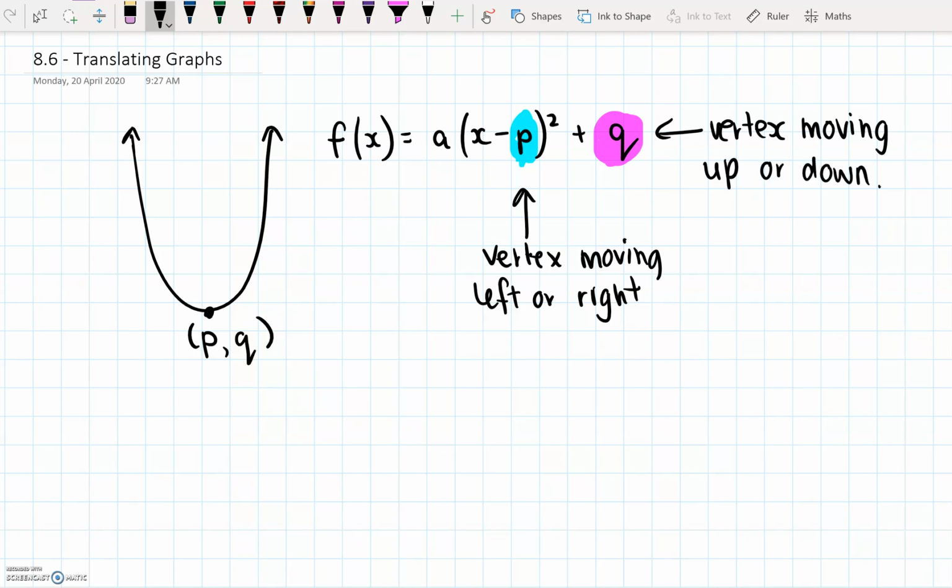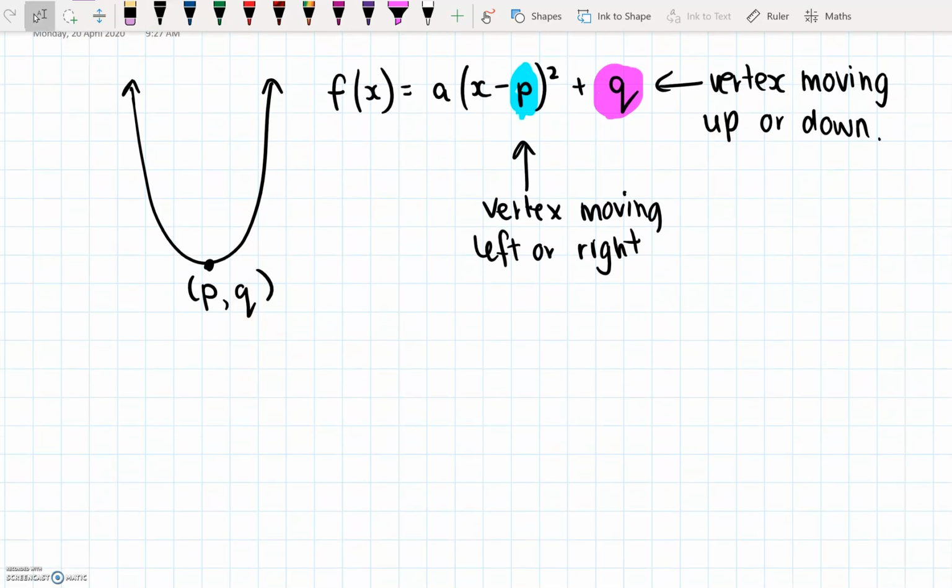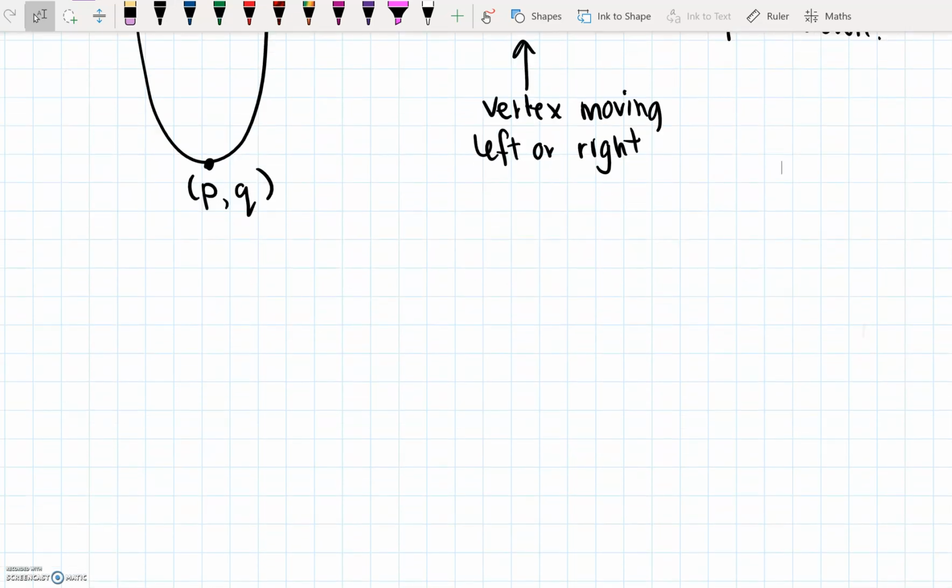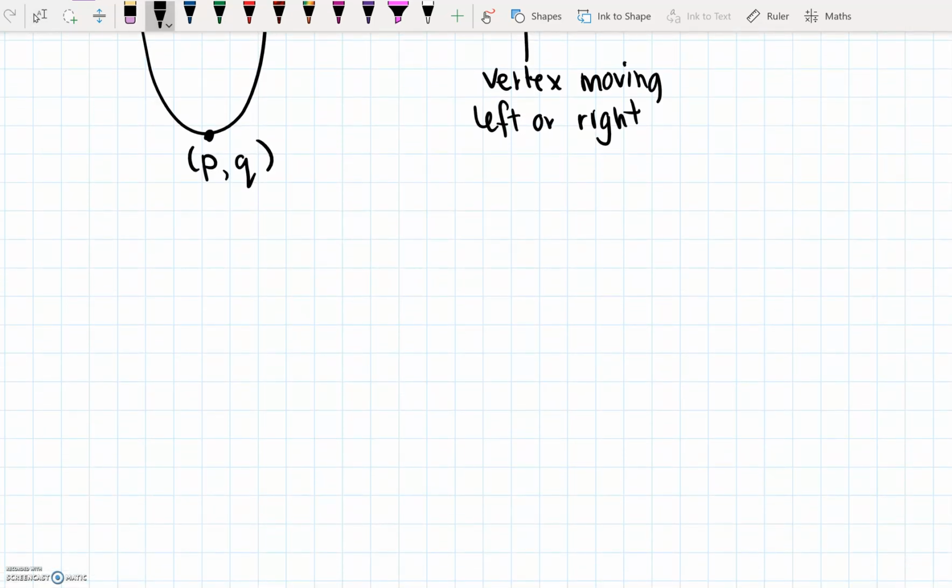All right, now this is really important, and again, this is something you'll use next year as well. So please really pay attention because it's pretty important here. Now, if we have a parabola, let's draw it down here. We have our x-axis and our y-axis.